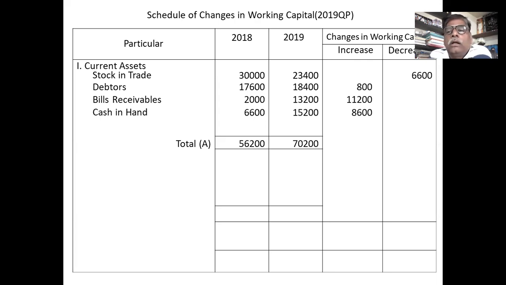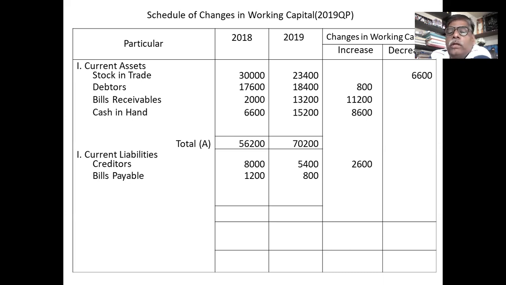Okay. Next you take the current liability. In the current liability, first is creditor. 8,000, 5,400. Creditor decreased, but decrease you write in the increase column. 2,600. Okay. Bills payable. 1,200, 800. This is also decrease, but comes in the increase column. Okay. And provision for tax is there.